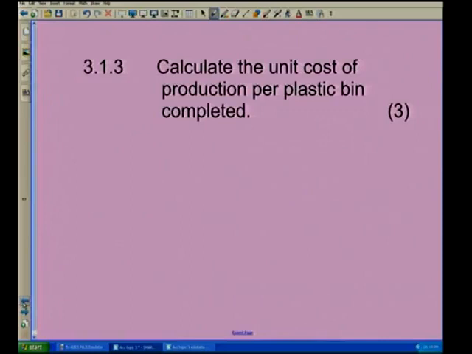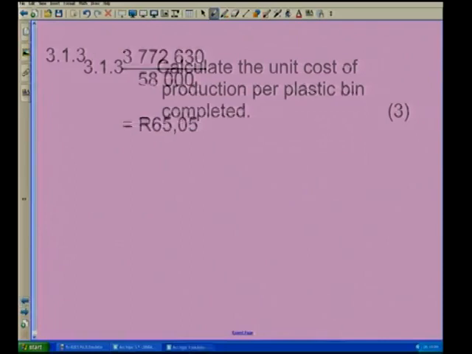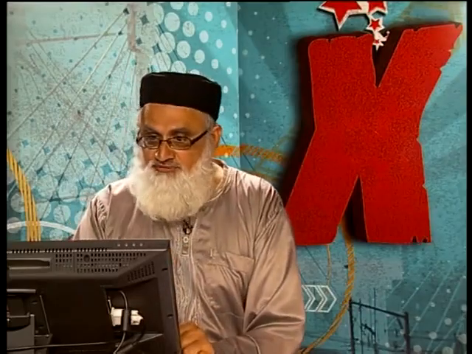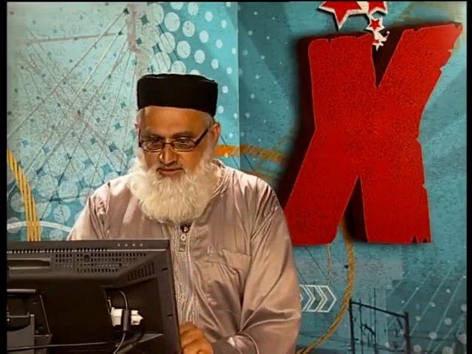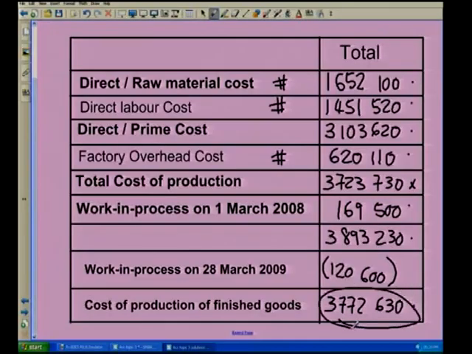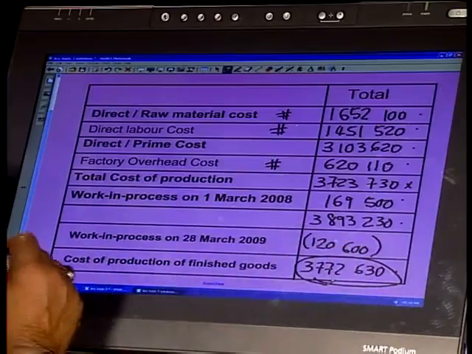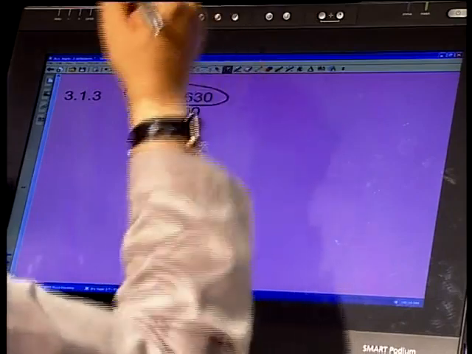Next question. What are we supposed to do? The question says, calculate the unit cost of production. If we go into the question, we'll find it there, so you can see it. Calculate the unit cost of production per plastic bin completed, and therefore, you know what we do? We take our total cost of production, which was 3,772,630. Once again, this figure you're getting from here.